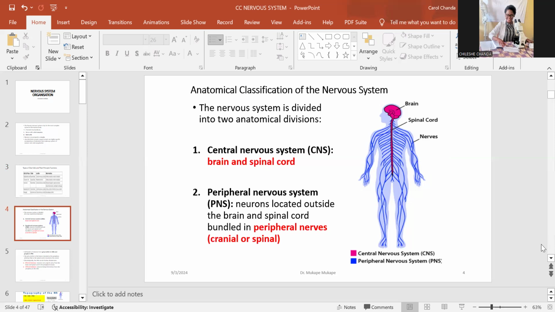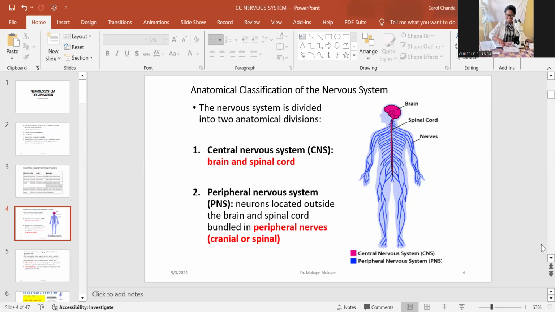The peripheral nervous system, on the other hand, is made up of all the other neural tissue that you're going to find outside the central nervous system. So this would include all the 12 cranial nerves, because remember, even though they originate from the brain, they still work from the peripheral nervous system, and the spinal nerves as well.